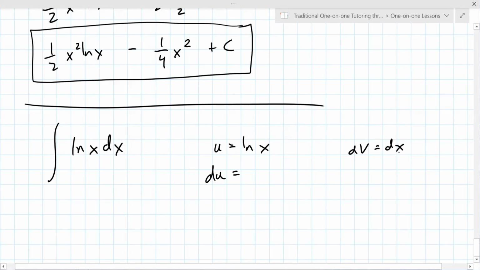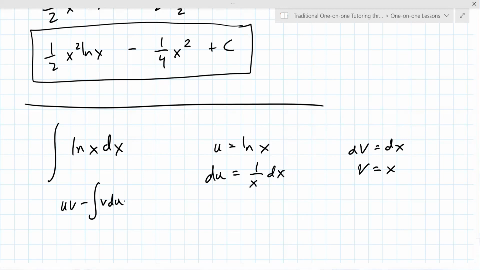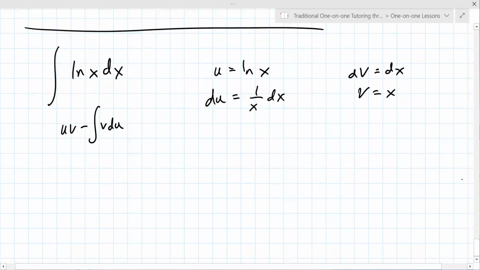du is 1 over x dx, and v is x. So uv minus integral v du. The u is natural log of x, and the v is x, so uv is x natural log of x.